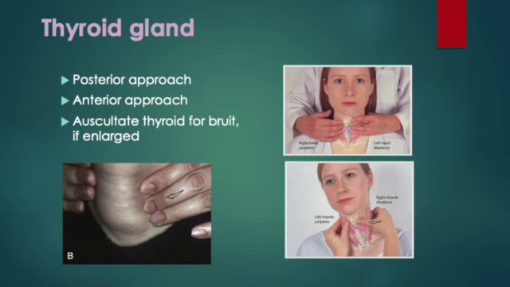You stand behind the patient and you're pushing towards that hyoid bone, or you can take an anterior approach, and this time instead of using your fingers, you're using your thumbs. Your left thumb will palpate while your right thumb will do the displacing. One more time, the only time you would auscultate a thyroid for a bruit is if there was enlargement.